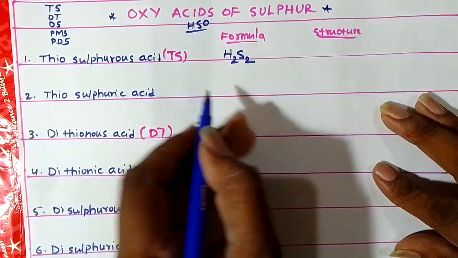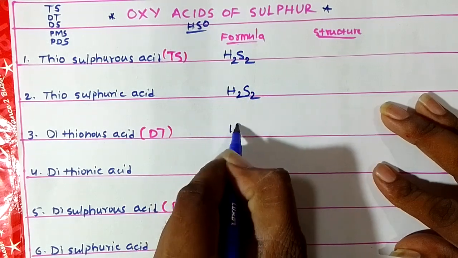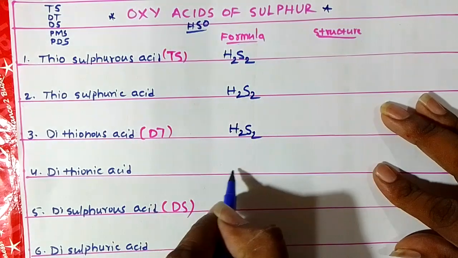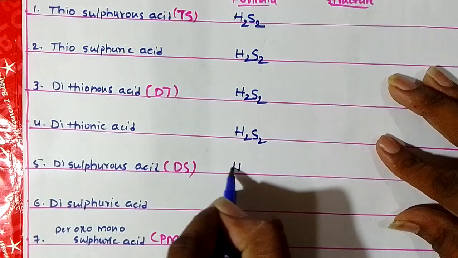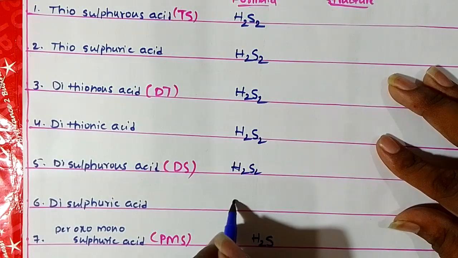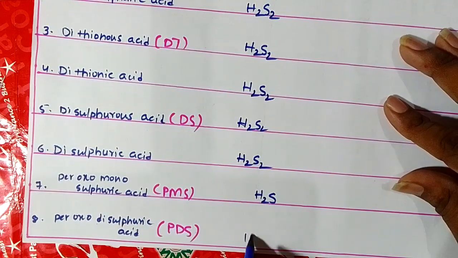The remaining oxyacids of sulphur contain H2S2. And peroxodisulfuric acid also contains H2S2.